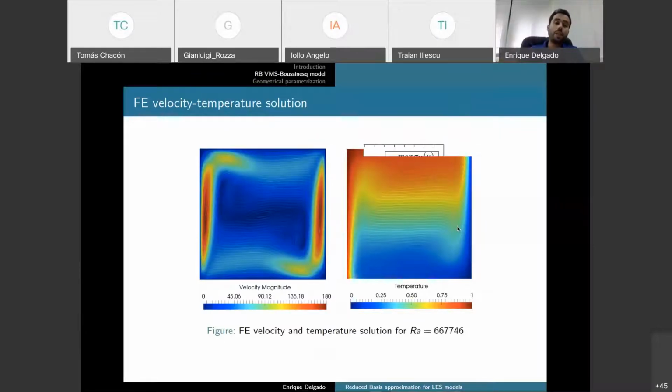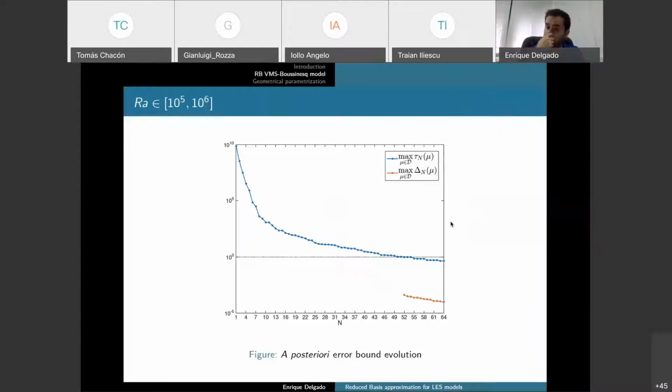So here I show you the evolution of the a posteriori error bound estimator when we increase the number of bases in the reduced space. As you can see, we need quite a large number of bases in order to get tau lower than 1.